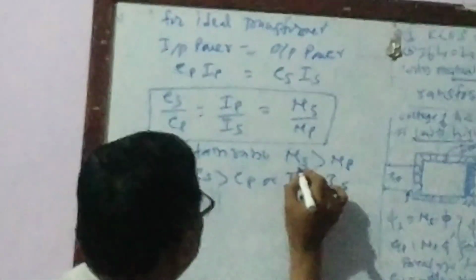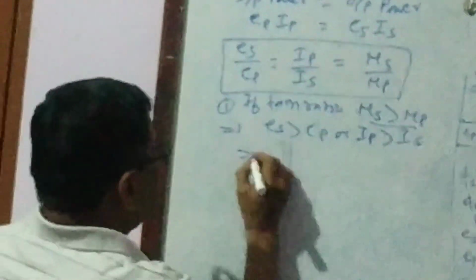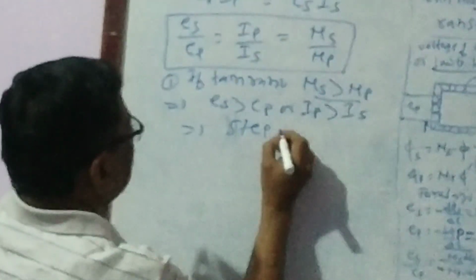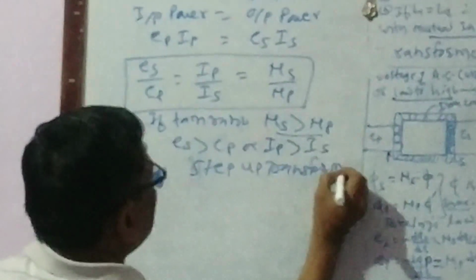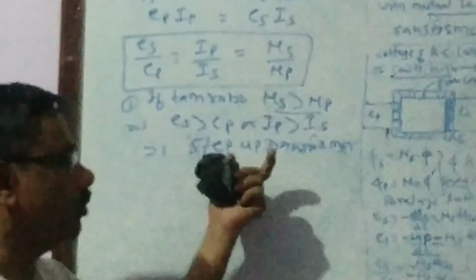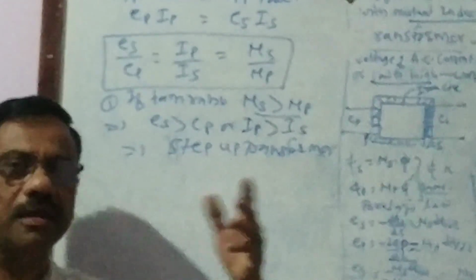And therefore, for this condition, we get one of the important transformers, and that is called a step-up transformer. And such a step-up transformer is used in various devices for commercial purposes.